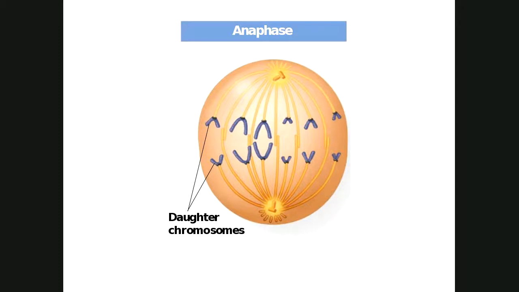Let's say that again. Sister chromatids separate in anaphase and become daughter chromosomes. Okay? And it is indeed those kinetochore microtubules you'll see attached to each one that are pulling that apart. They're the things that are actually moving the nuclear material, the chromosomes apart.